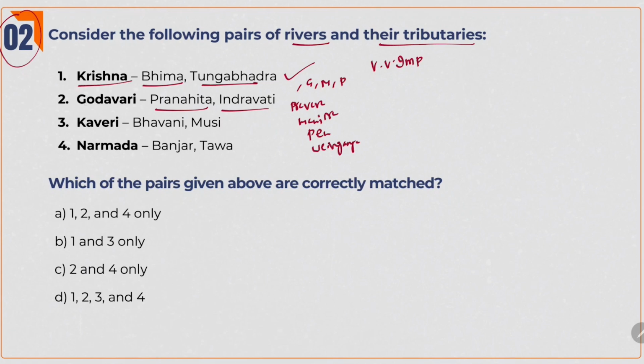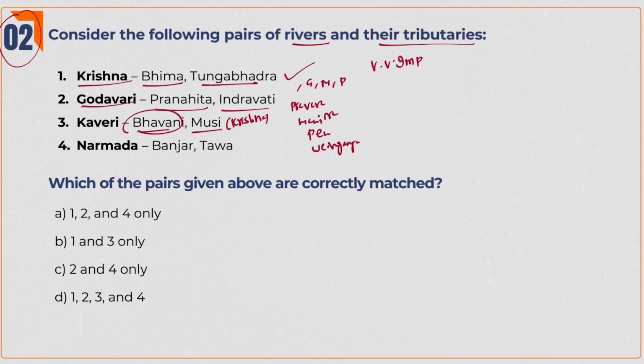Especially Godavari and Krishna tributaries, everyone has to remember. Coming to Kaveri, they gave Bhavani and Musi as tributaries of Kaveri. Yes, Bhavani is a tributary of Kaveri, but Musi is not. Actually, Musi is a tributary of Krishna. Even if you don't remember, you can eliminate this Musi.